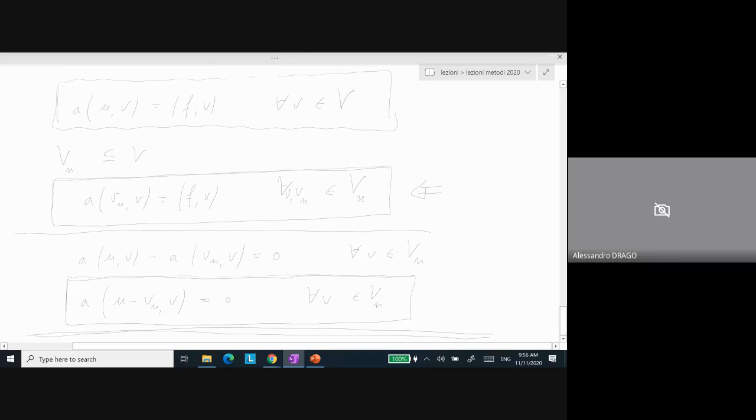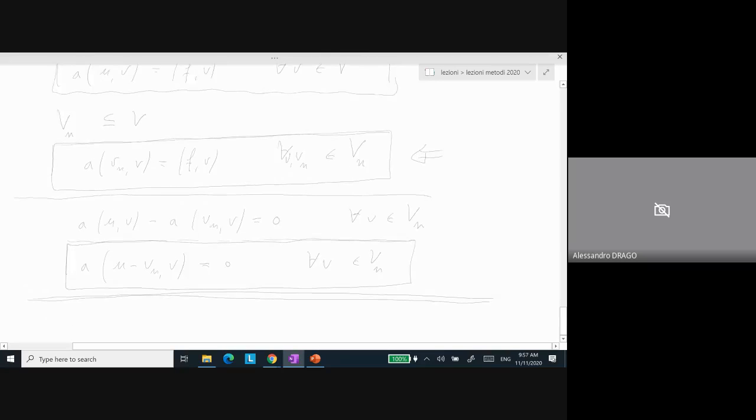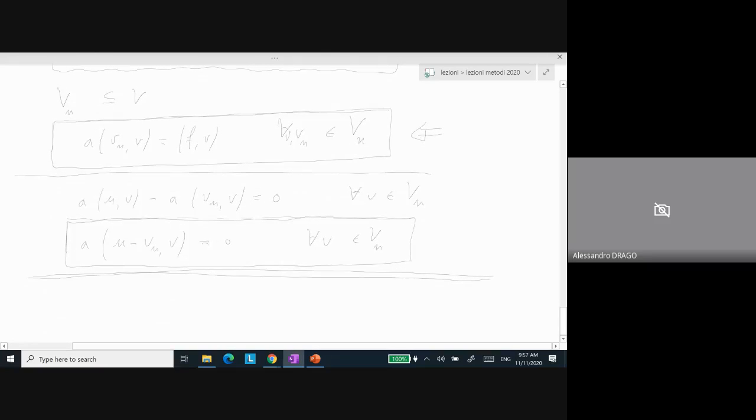In practical terms, how can we use this idea? As I was mentioning when we discussed the theory of projection, we need to introduce a basis which is spanning the subspace.